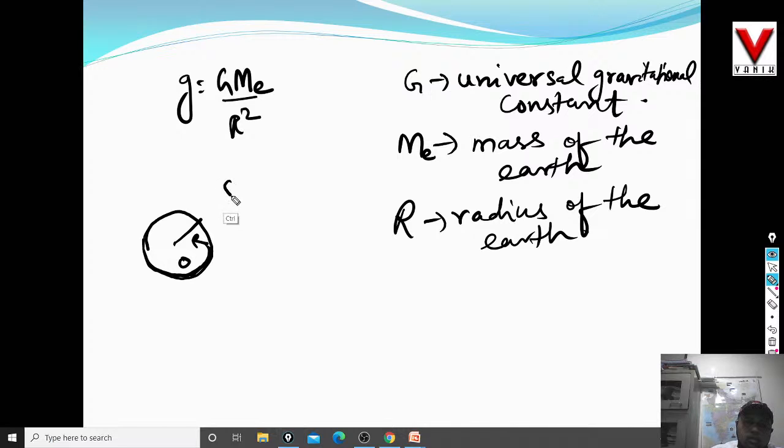Say this is the object located at a height h from the surface of the earth. Now what is this r? This r is actually not exactly the radius.